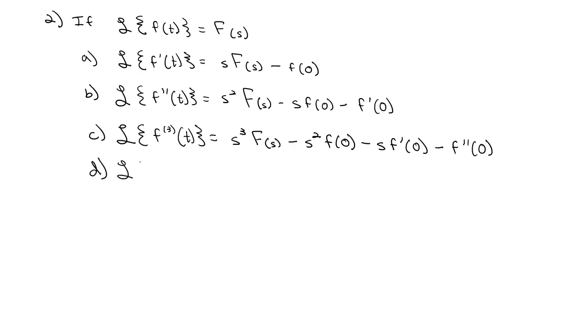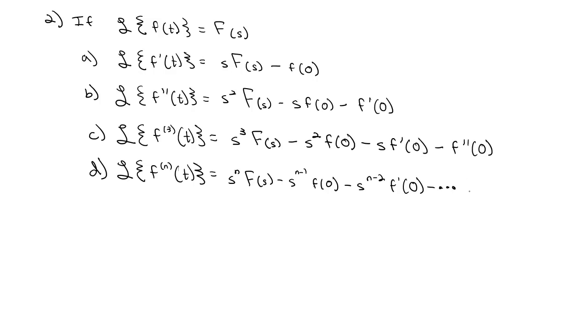So we can generate our property for the Laplace transform of the nth derivative of f of t as being s to the n, capital F of s, minus s to the n minus 1, f of 0, minus s to the n minus 2, f prime of 0, minus, and continue on with the pattern until we finally end up with s times the n minus 2 derivative evaluated at 0, minus the n minus 1 derivative evaluated at 0.